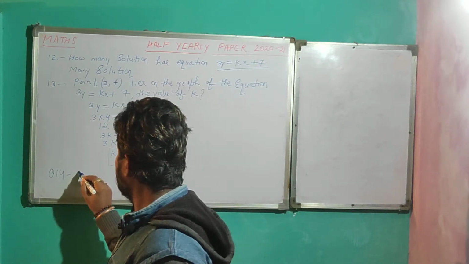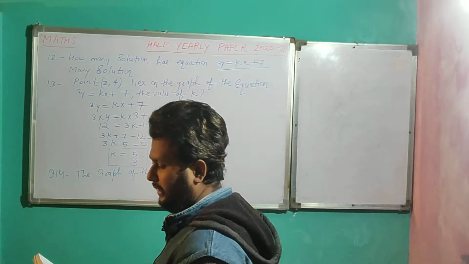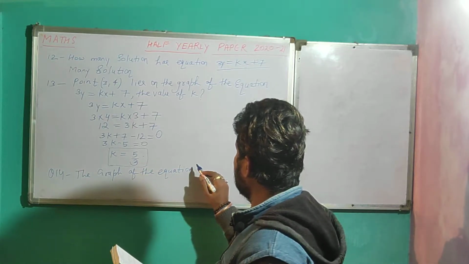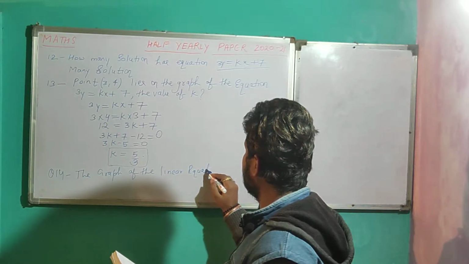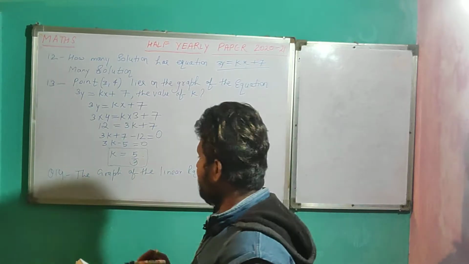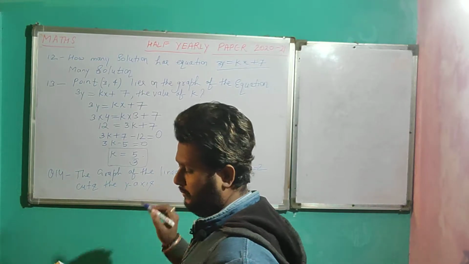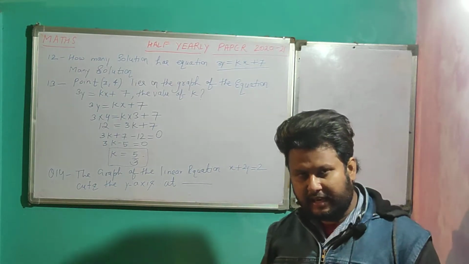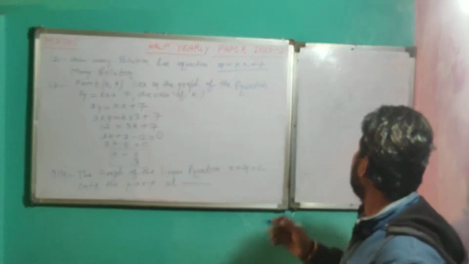Next question, question number 14. The graph of the linear equation x + 2y = 2 cuts the y-axis at dash.